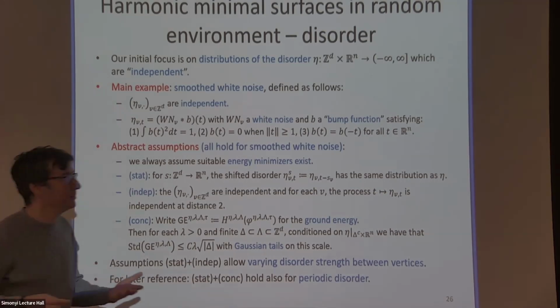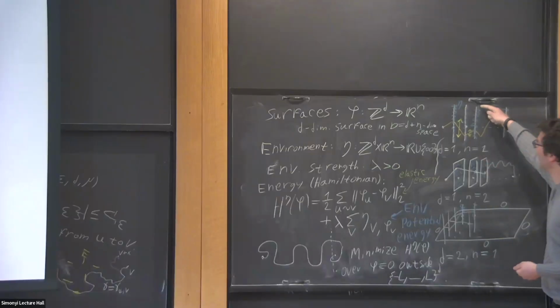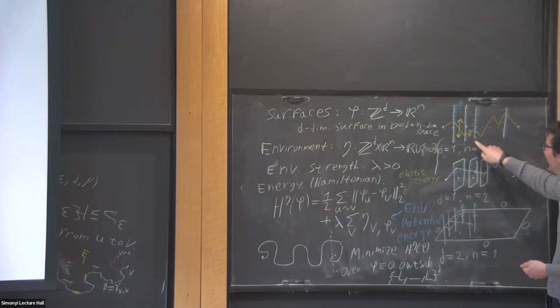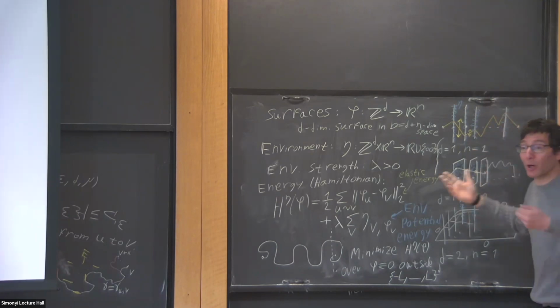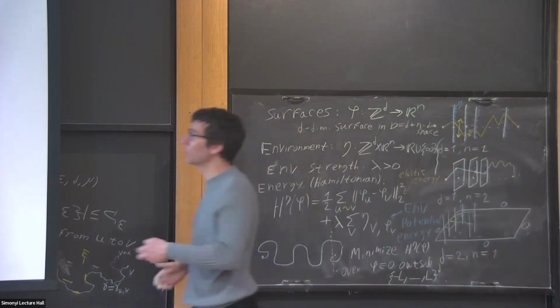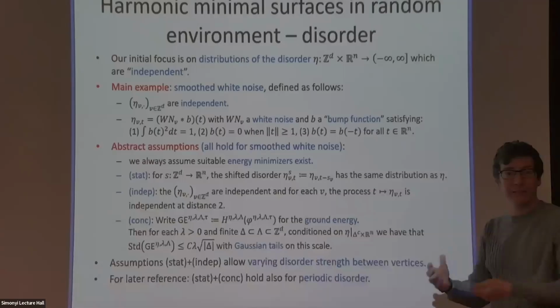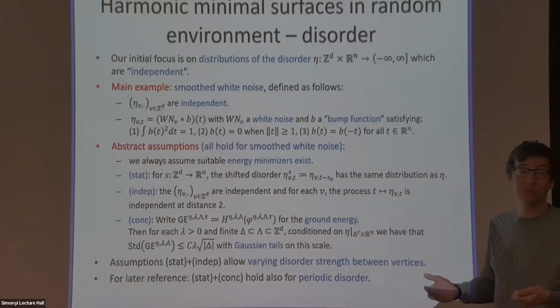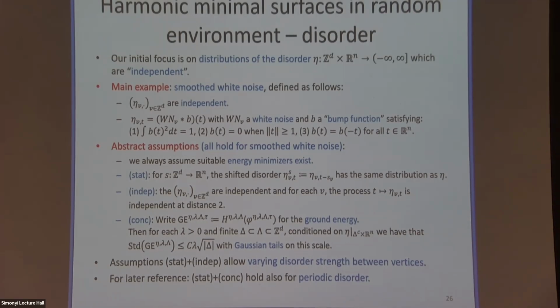But of course, I cannot make it IID because the environment is sitting on fibers which are continuous. I can make it IID between fibers, but I can't make it IID on a fiber because it's continuous. So I do something that approximates IID. So what we do, we take a white noise on a fiber and we smooth it by convolving it with a bump function.